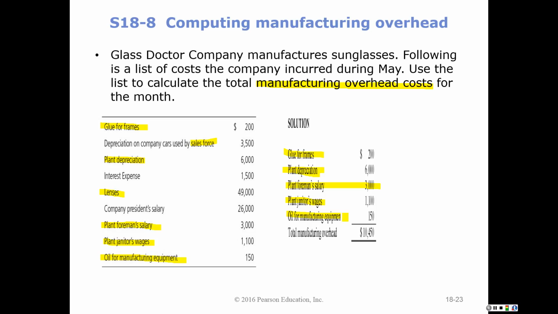So we lump all of those things, indirect material, indirect labor, into a total manufacturing overhead account. And as we progress through this chapter, we'll talk about how do I allocate that manufacturing overhead back to the individual products that we are actually manufacturing.